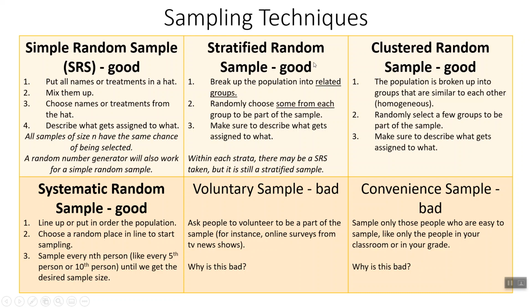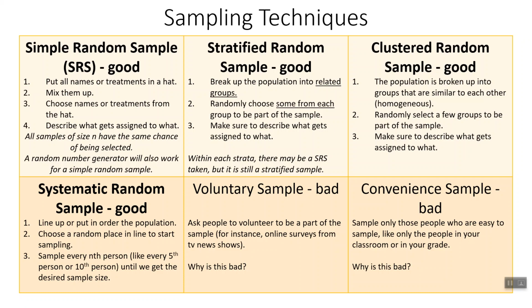Our next sampling method is a stratified random sample, or just a stratified sample. In a stratified sample, we break the population into related groups. Before we even take samples, before we even start selecting people, we take our population and we break them up into groups that are related in some way, like all the men in one group, all the women in another group.